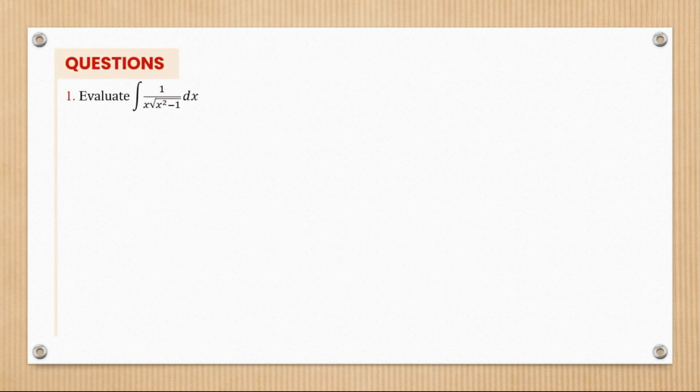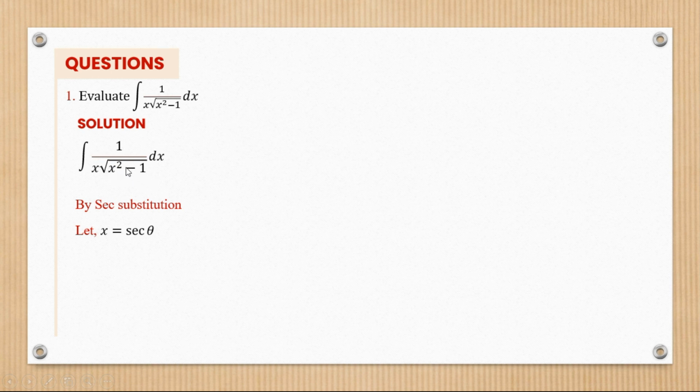Anything in that format will require sec substitution. So let's look at an example that requires sec substitution. You have the integral of 1 over x times the root of x squared minus 1. Clearly this requires sec substitution because we have the square of the variable subtracting the constant. This is already arranged properly, and because we already have the subtracting 1, we don't need to factorize out anything.